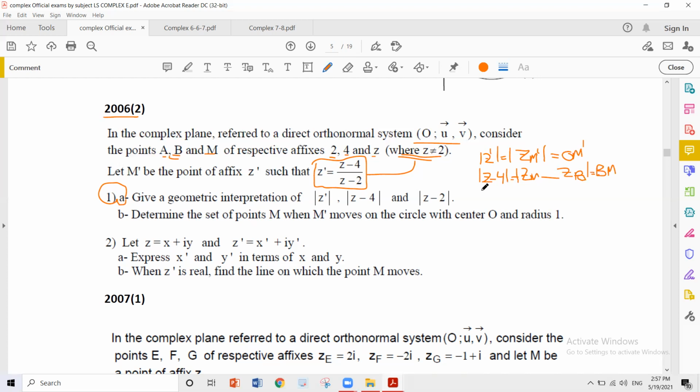And the modulus of z minus 2 equals zM minus zA, which equals AM.